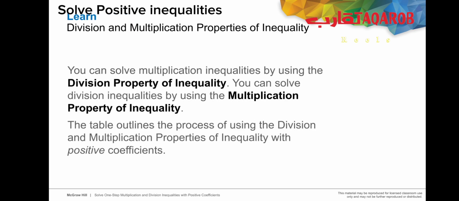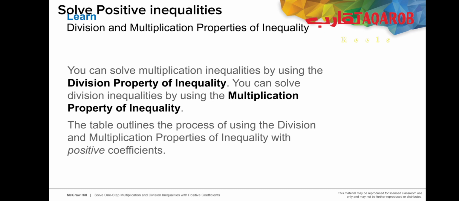But let's first talk about solving multiplication inequalities. You can solve multiplication inequalities by using the division property of inequality. As we said, division and multiplication are the same family. You can solve division inequalities by using the multiplication property of inequality.